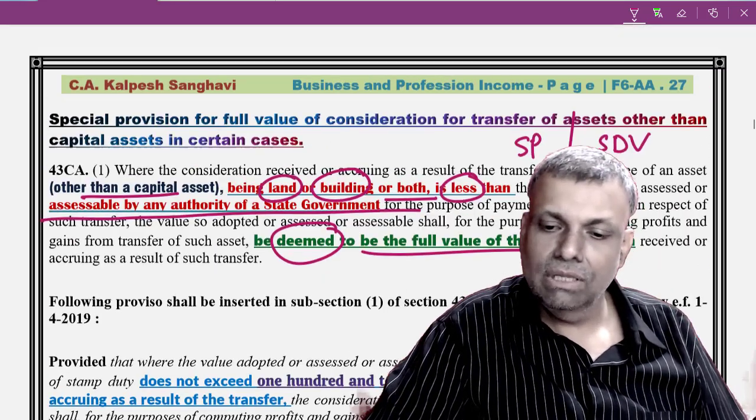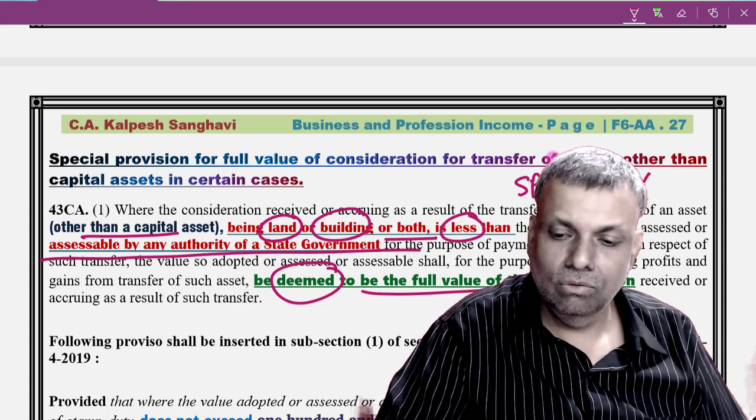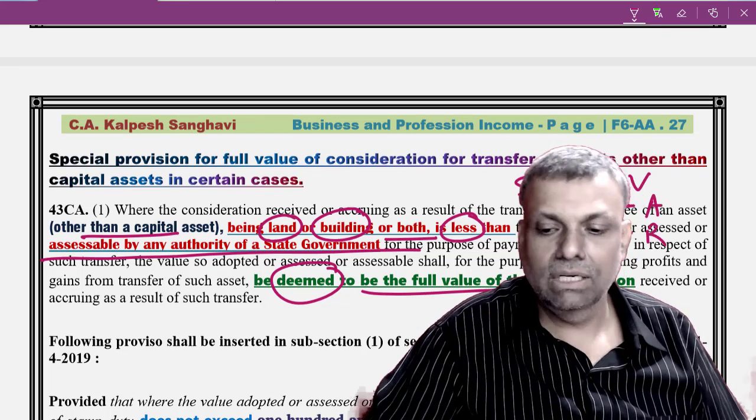Now, first of all, which date will you take the stamp duty value on? On the date of the agreement or on the date of the registration? Okay.